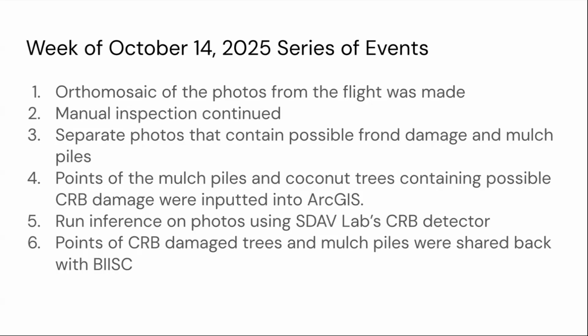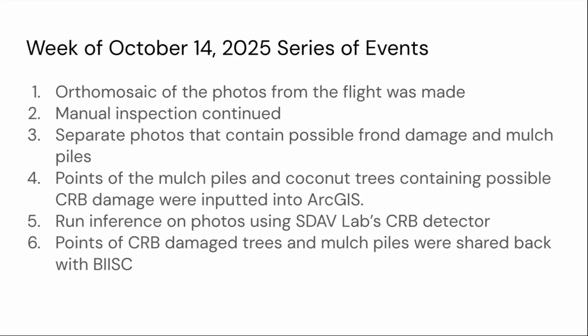And then manual inspection of each of the photos continued, and we separated each of those photos that contained possible frond damage into folders based off of confidence level, low, medium, high, and then another folder for just mulch piles. And then we brought those points of the mulch piles and coconut trees into a CRB database on ArcGIS using the geotagged photo to point feature.